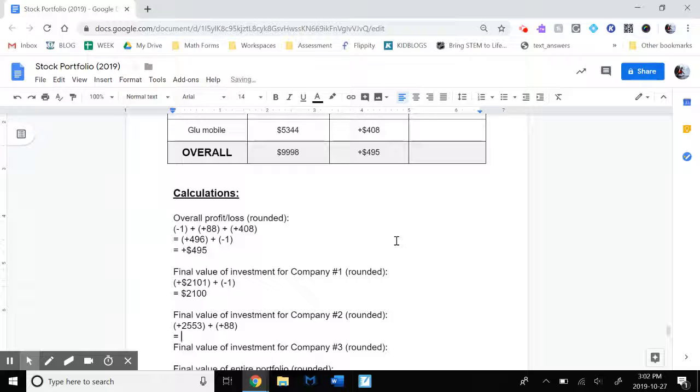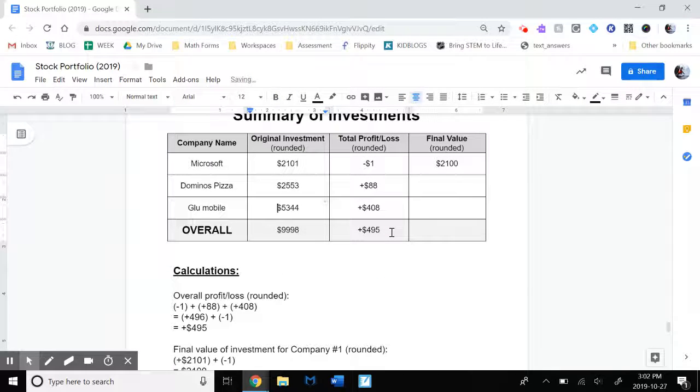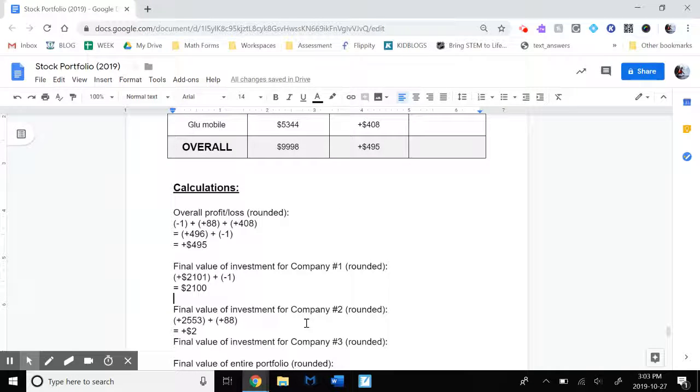And so their new total is 2,553 plus 88. So 2,641.